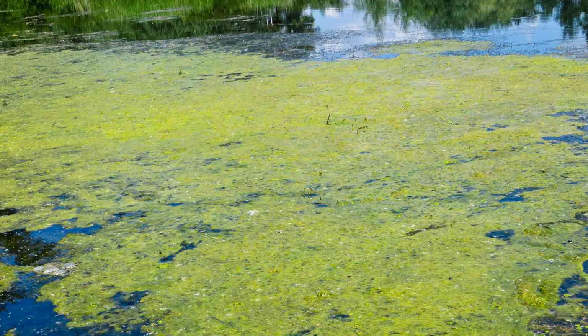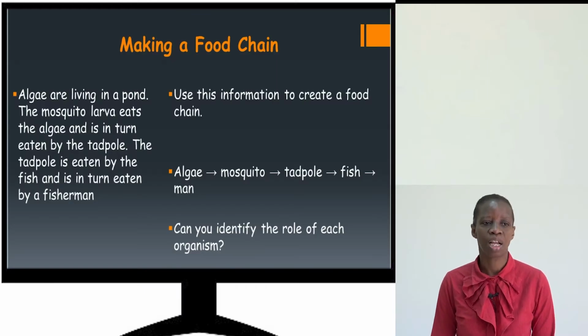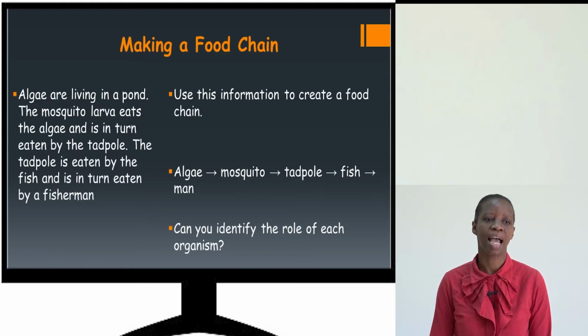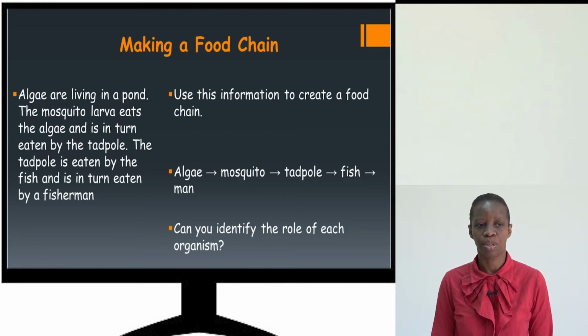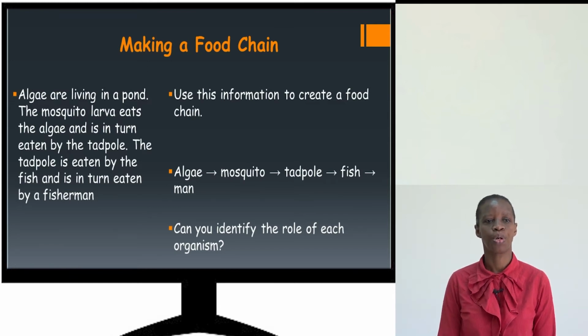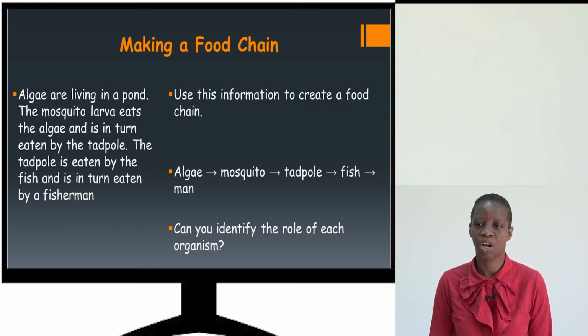All right, we can refer to that as algae, right? Now, the mosquito larva eats the algae and is in turn eaten by the tadpole. The tadpole is then eaten by the fish, which is in turn eaten by a fisherman. Okay. So, we want to use this information to create a food chain.